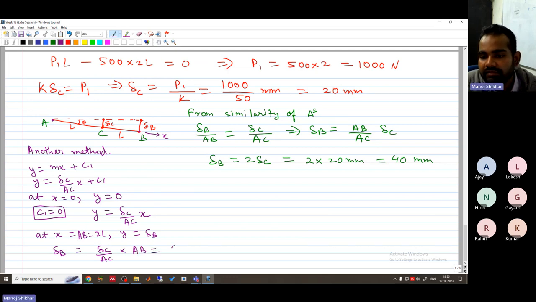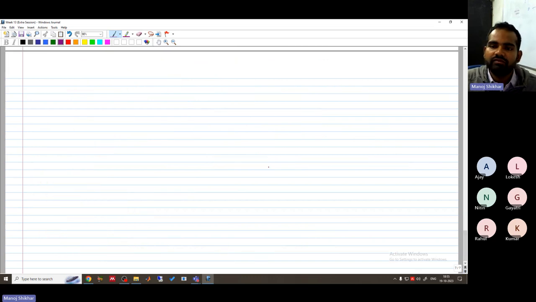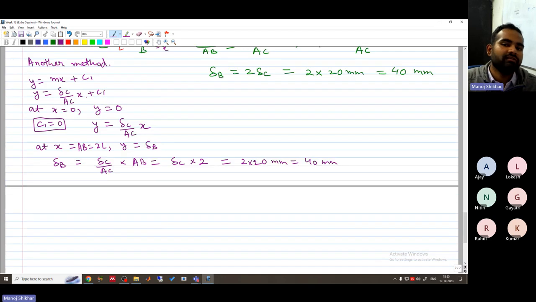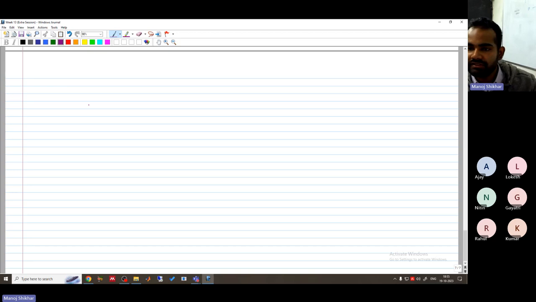So this is delta C upon AC into 2L, which is 2 into 20 mm. This will give you 40 mm. So you can use any of these methods. Similarity is much easier, but here also we are essentially doing the same thing. So hopefully these questions are making sense to you now.